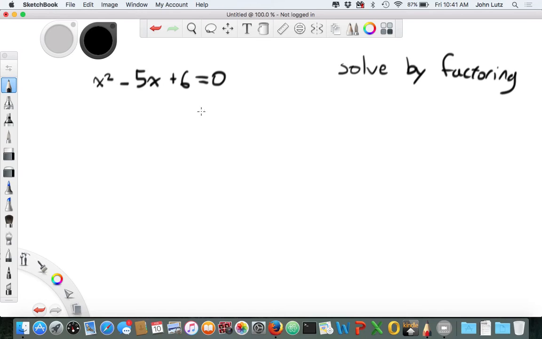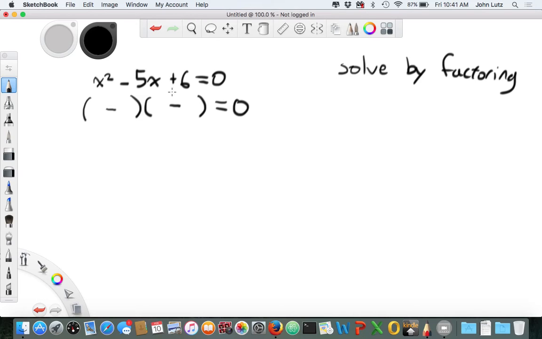Okay, so if they tell you to solve by factoring, well, obviously your first step is to factor. No leading coefficient over here, which means that the leading coefficient is 1. So we'll go ahead and open our two parentheses. We'll keep it equal to 0. And if you were with me on the last episode, you know that since this is plus and this is minus, that means that both of these need to be minus, right?